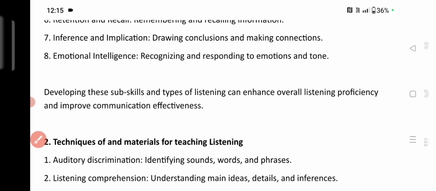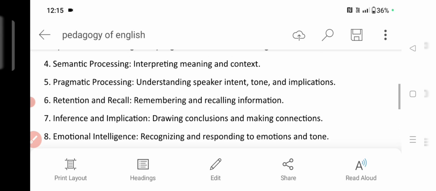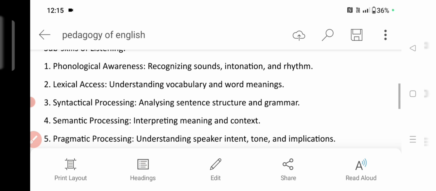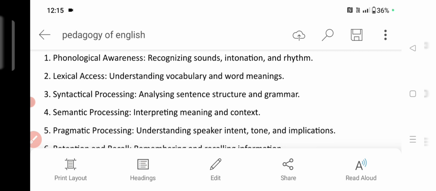Developing these subskills and types of listening can enhance overall listening proficiency and improve communication effectiveness, right? With these examples and subskills, you can learn this language efficiently by listening.